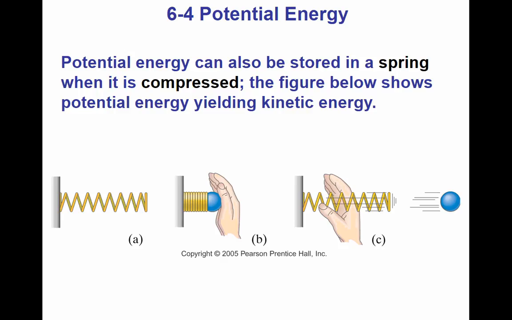So the amount of potential energy that is in the spring translates into the kinetic energy of the ball. And so the total energy of the system stays the same, assuming that the spring gives off all of its energy to the ball. We can set those equal to each other.